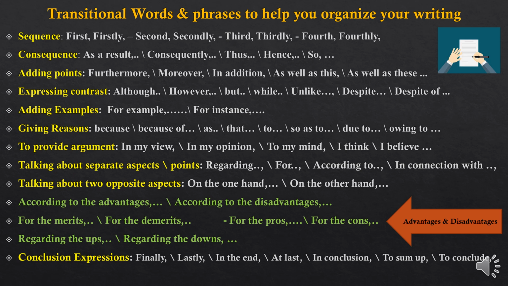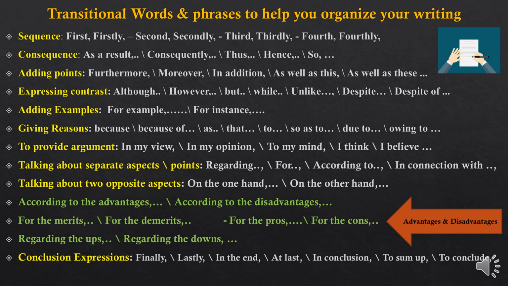For adding examples, you can use for example, for instance. For giving reasons, you can use because of, as, that, to, so as to, due to, owing to. To provide arguments, you can use in my view, in my opinion, to my mind, I think, I believe.